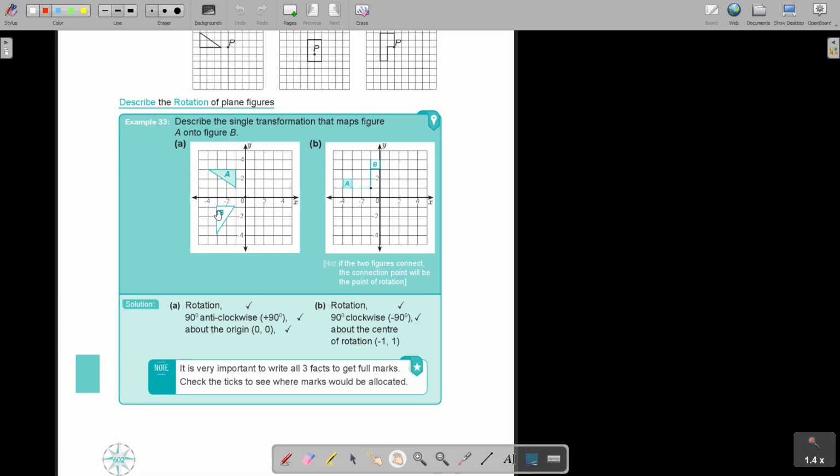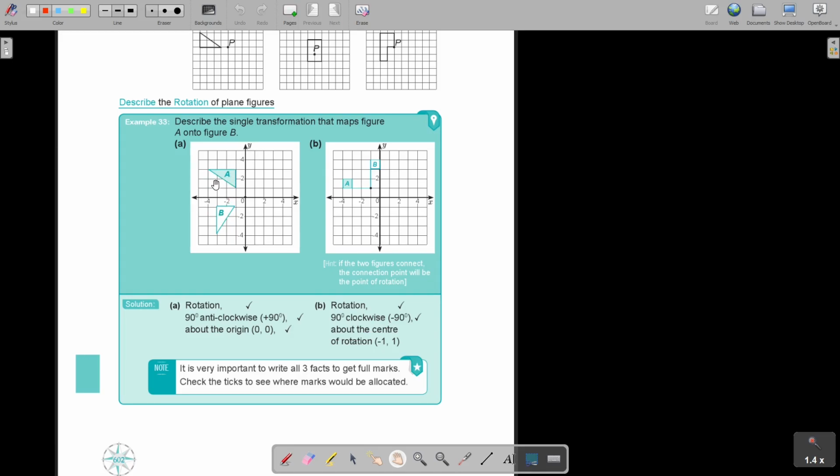What I usually tell students is to take a piece of paper and copy the figure, and the center, and an arrow that's facing north, and then you rotate it until this one fits onto this one.